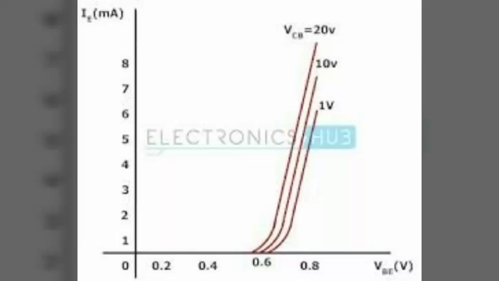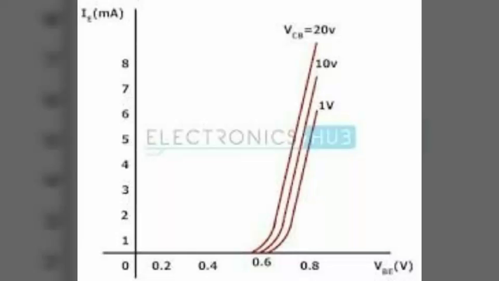The figure shows the input characteristics of a transistor in common base arrangement. The following points may be noted from these characteristics. Emitter current IE increases rapidly with a small increase in emitter-base voltage VEB. It means that input resistance is very small. What is input resistance here?